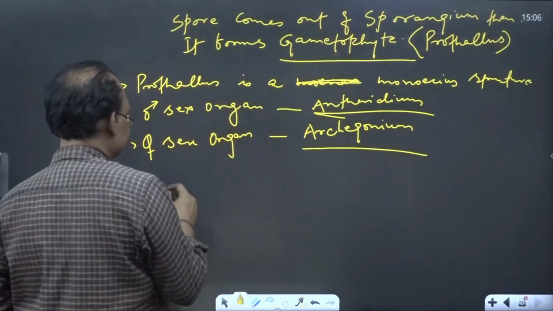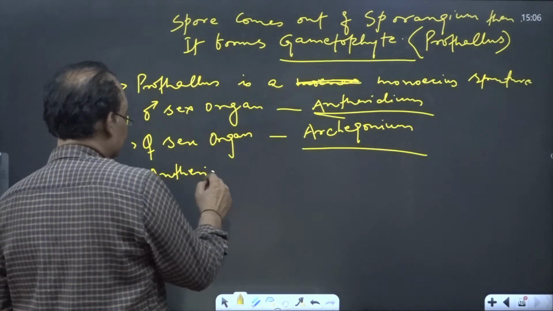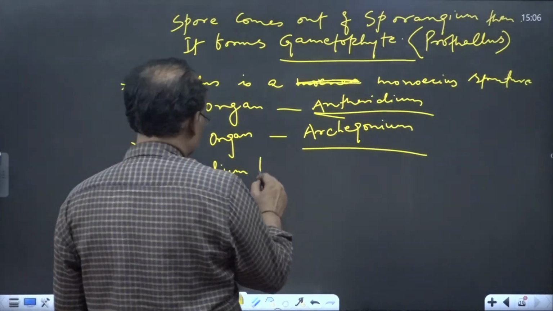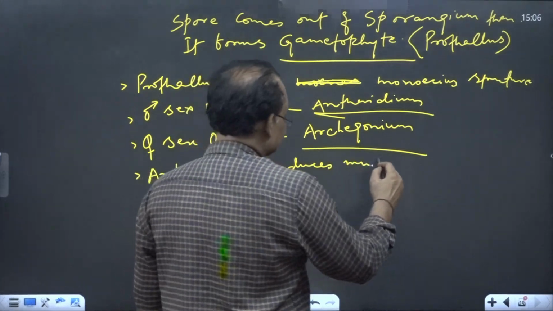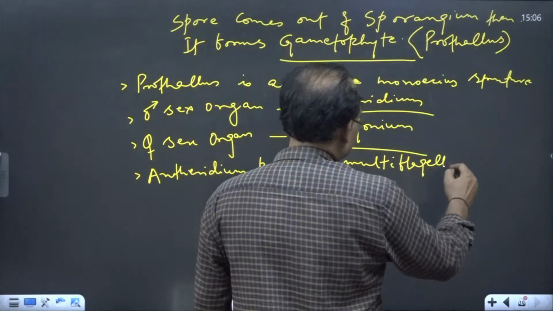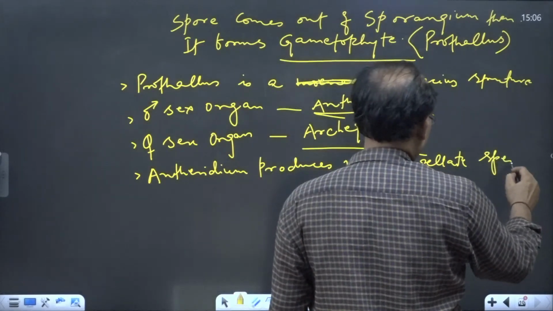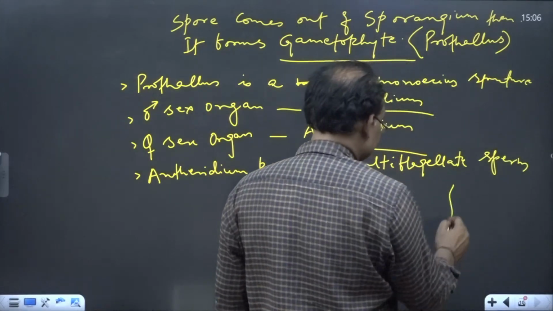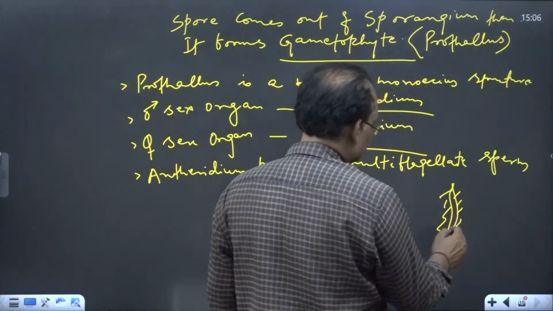Here the antheridium produces multiflagellate sperm. This is important. It produces multiflagellated sperm. That means the sperm is there and the flagella is present all over the body.